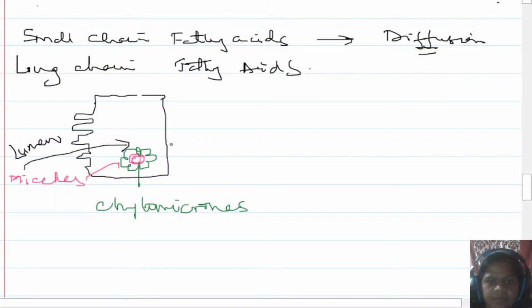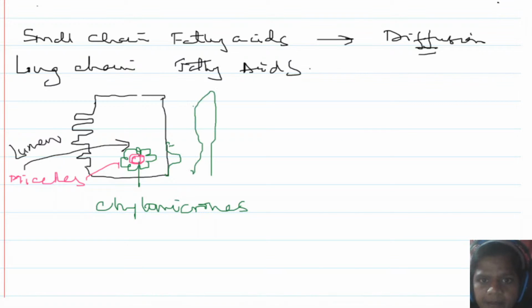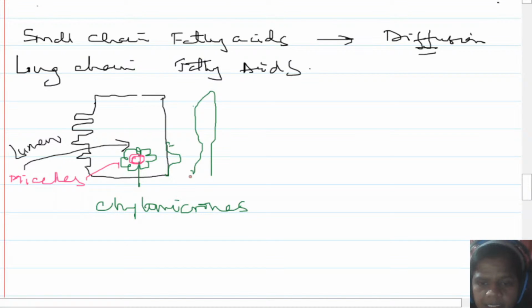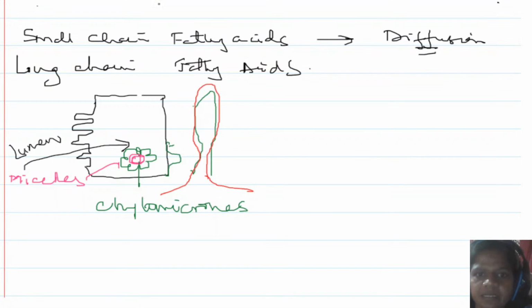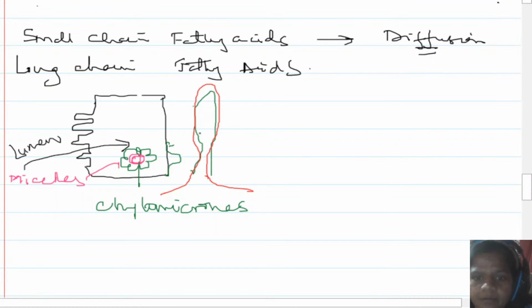And these get pinched off from the plasma membrane into, and here you have the blood vessels, the capillary network. This we know is the lacteal. But here we have the capillary network.